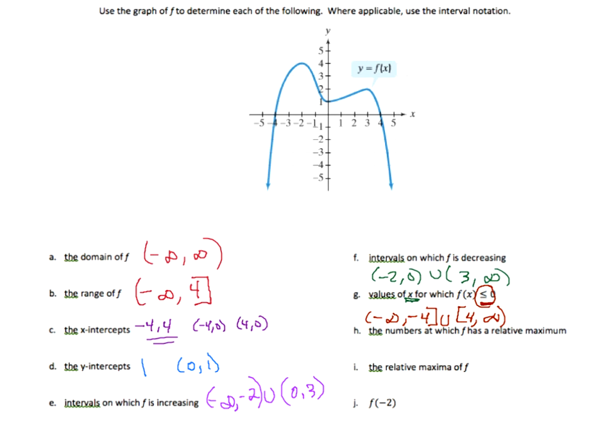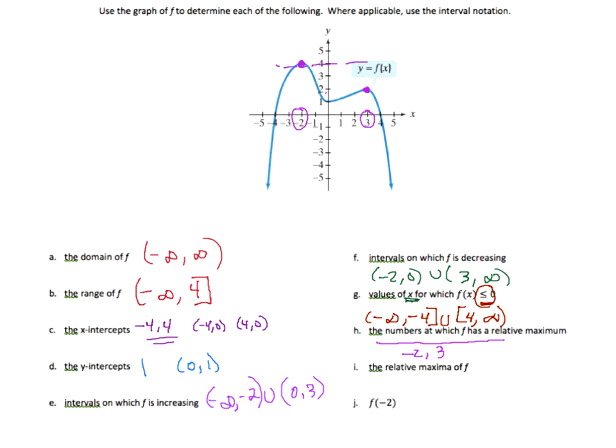The numbers at which f has a relative maximum. We actually have 2. Let me clean my graph off again. Michael, I really appreciate you hanging in here till the end. All right, so I have a relative maximum here and a relative maximum here.